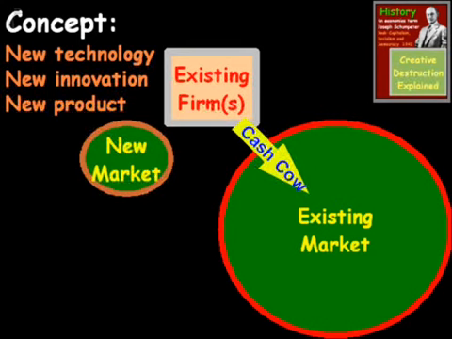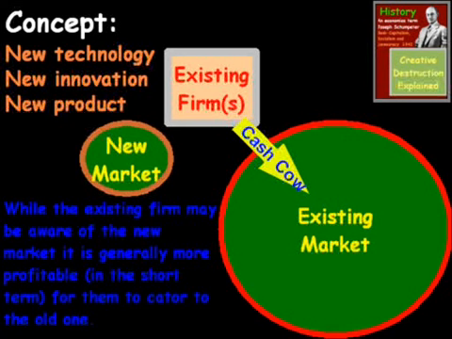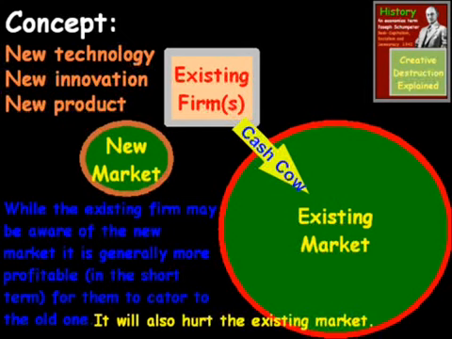If you think in terms of being a large business, it's more profitable to stay in the existing market than to cater to the new market, because you've got to spend resources, develop stuff, and then compete for this really, really small pie, whereas your current cash cow is the existing market. Why give that up? Doesn't make sense. So while the existing firm may be aware of the new market, it is generally more profitable, especially in the short term, to cater to the old one.